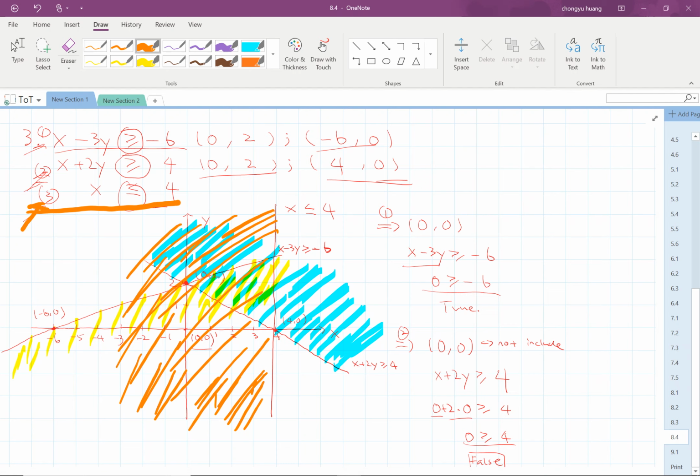Now we have completed everything, right? We have graphed all three equations. So now you try to see which area all three equations have in common.